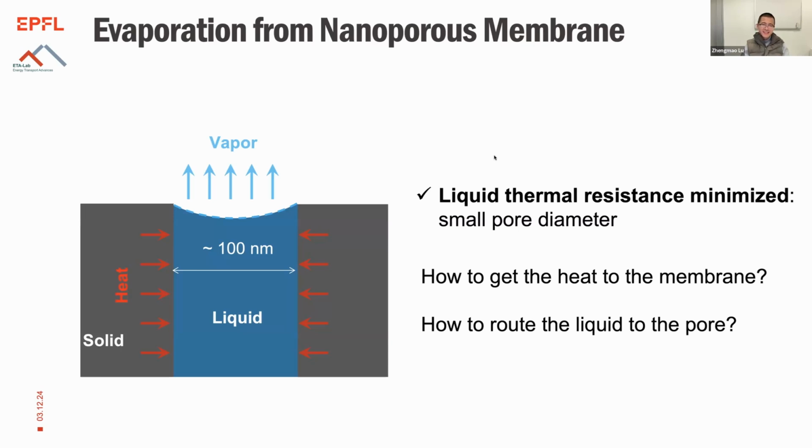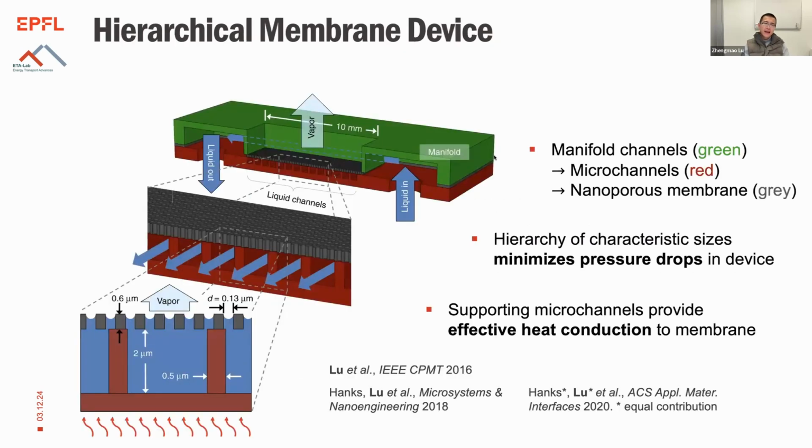To do that, we have to design a microfluidic device, actually a hierarchical membrane device. If you're looking at the schematic on the left, the top one, it has green manifold channels, which supply liquid. The liquid first enters these green channels.